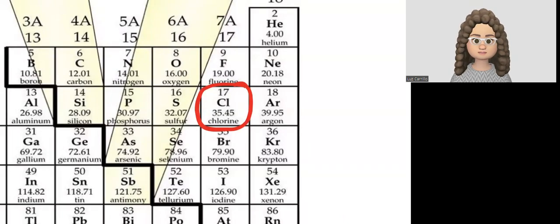Some elements have one isotope, some have 2, 4, even 6 isotopes. Every element has its own number of isotopes, and that concept has already been incorporated into the periodic table.